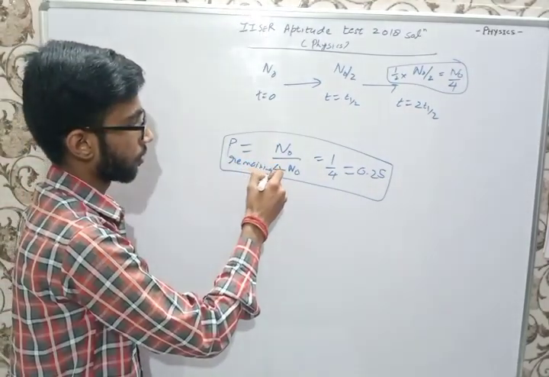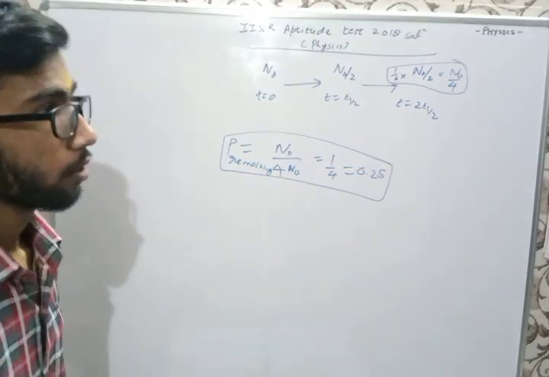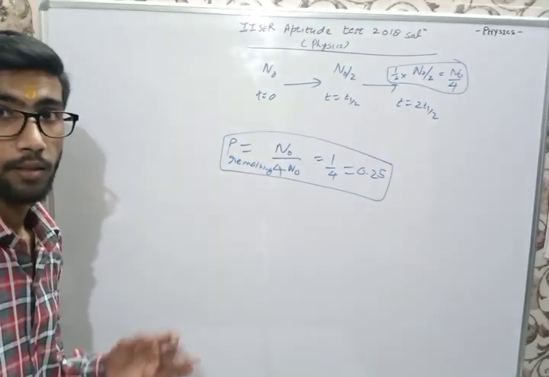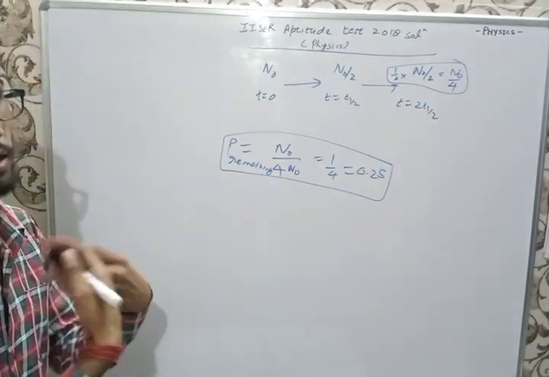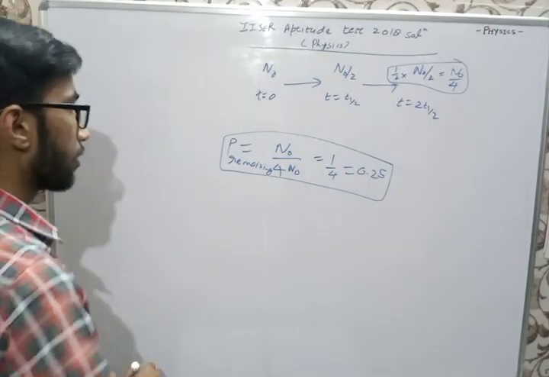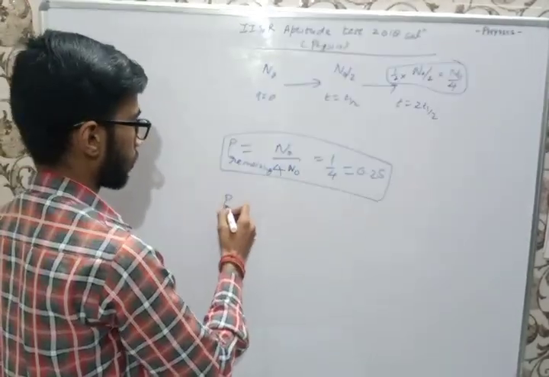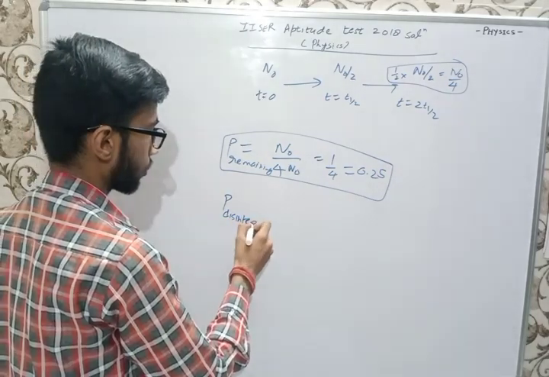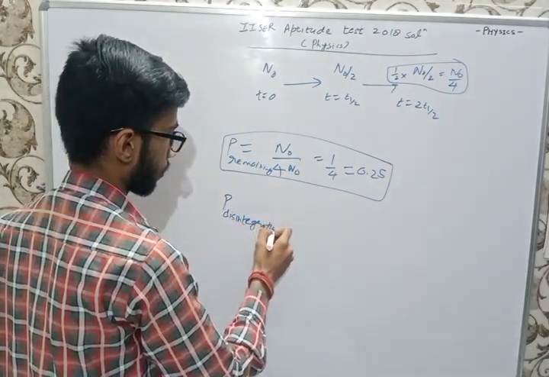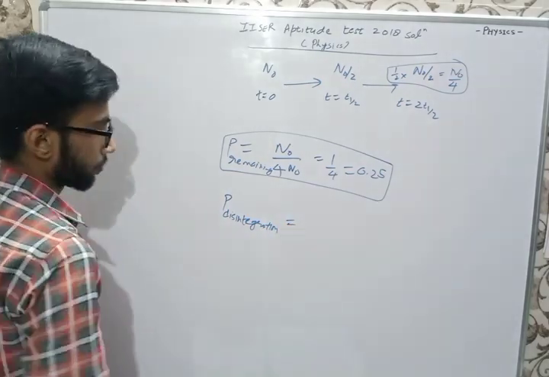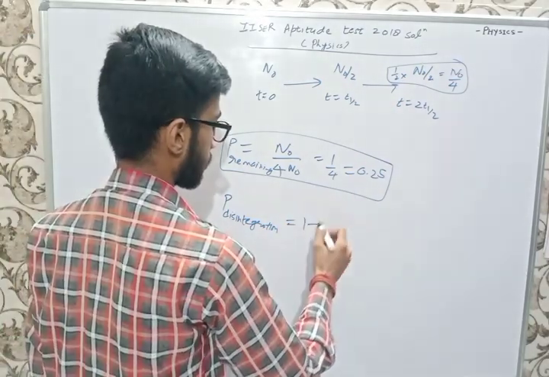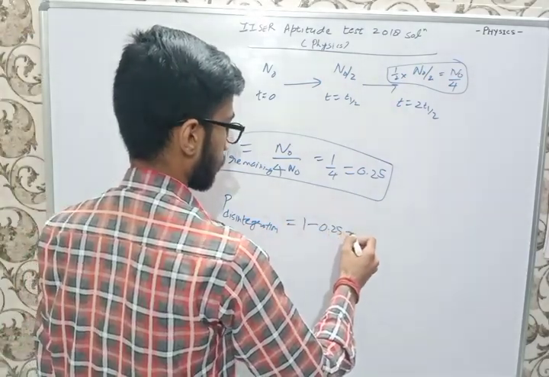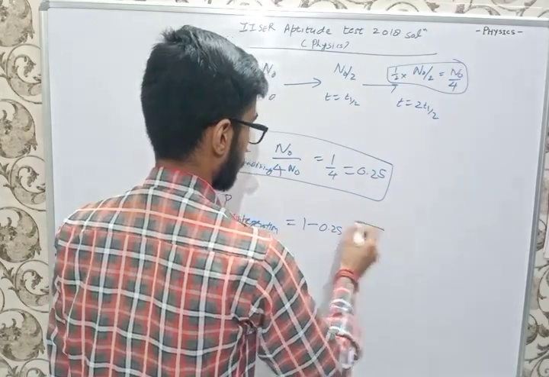If someone asks what is the probability of disintegrating, the number of nuclei that have disintegrated, then it will be 1 minus the remaining fraction, which is 1 minus 0.25 equal to 0.75.